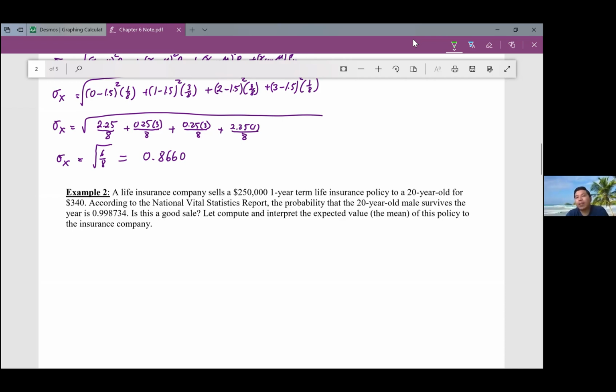But think of this logic: if you do 10 years, you take 340 times 10, so you pay $3,400. If you do 20 years, you double that. If you do 30 years, you double that.